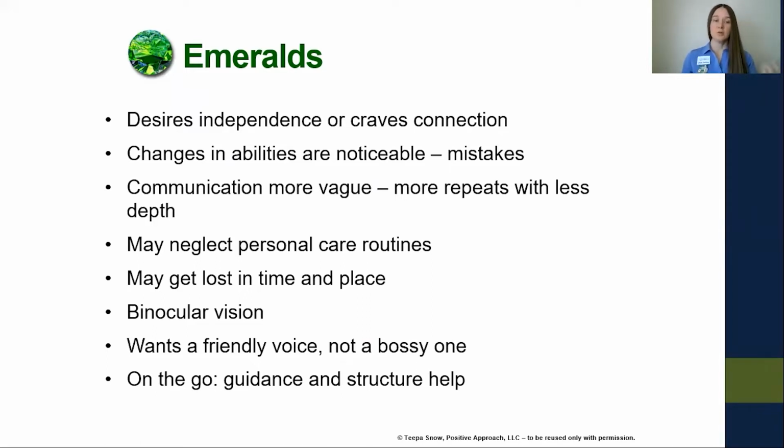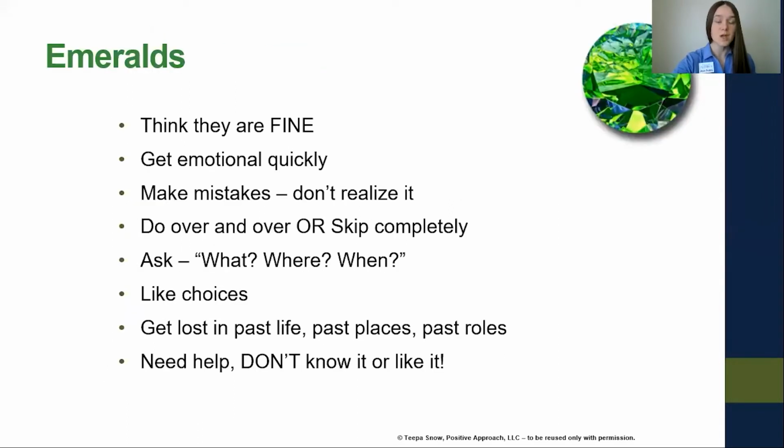They're on the go, but they need some guidance and structure in order to be successful. They tend to think they're fine. That's why it's so important to be friendly and not bossy, because they may not be aware of the ability changes that they're experiencing. They can get emotional really quickly.